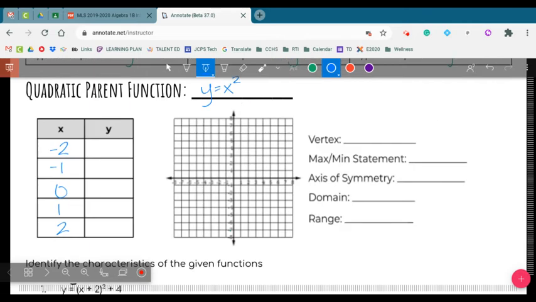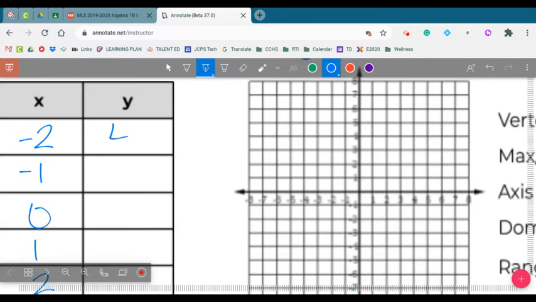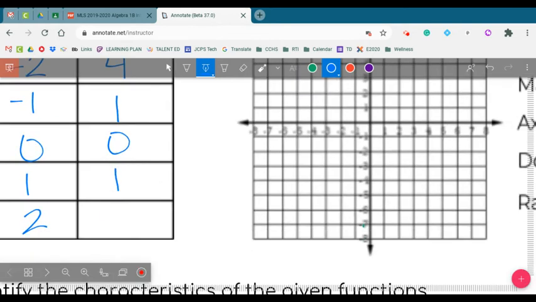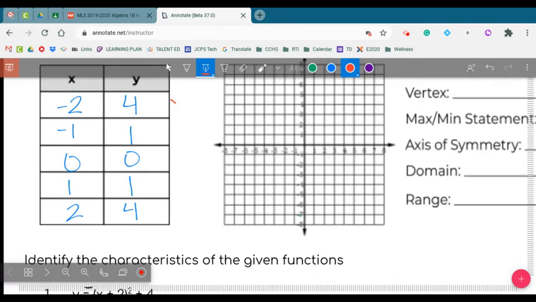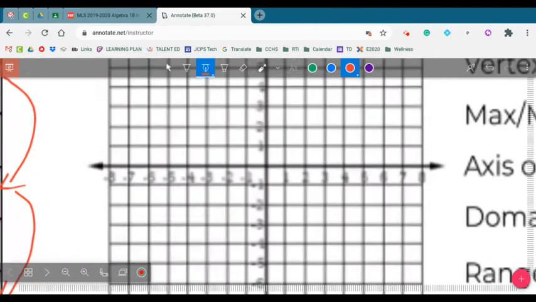You could plug each x in to get your y value, or you could put it into your calculator and get your table. So -2 squared is 4, -1 squared is 1, 0 squared is 0, 1 squared is 1, and 2 squared is 4. It goes from 4 down to 0 and then back up to 4. That's how we know it's a quadratic. It makes that U shape.